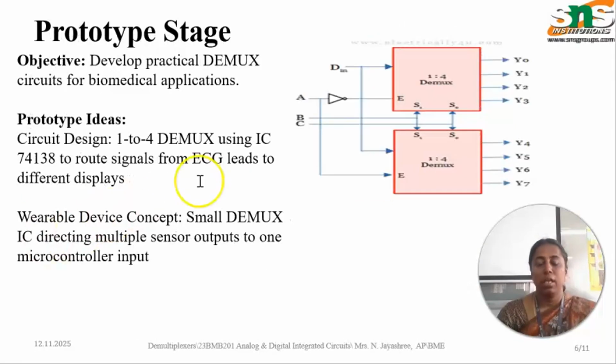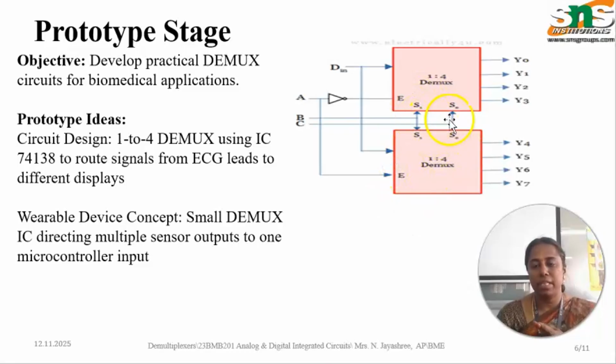And the next stage is the prototype stage. In the prototype stage, we have already seen the types of demultiplexer, so here we take only one example, the 1:4 demultiplexer. Here a single input is given to the demultiplexer and 4 outputs are taken based on the select lines. The select lines are indicated by n, so 2 power n outputs will come.